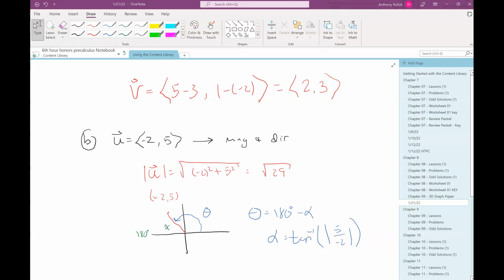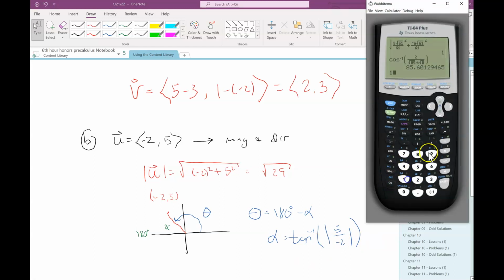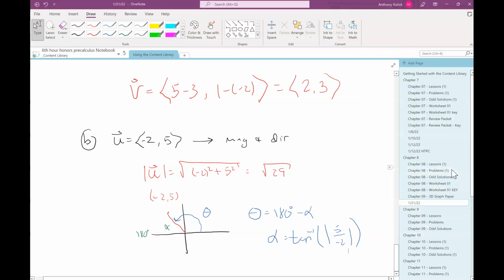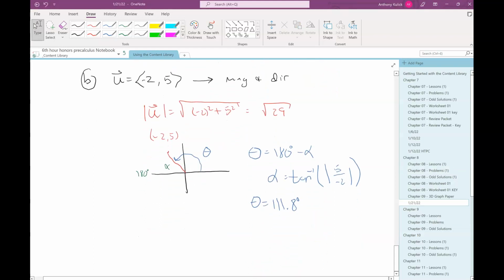So I'll just go to my calculator to do that, noting my calculator should be in degree mode. Almost always you'd represent your directions with angle measures in degrees rather than radians. And notice that I didn't bother to do the absolute value in my calculator. I just did that part in my head because it was way less buttons. So I get 111.8. So magnitude, direction.